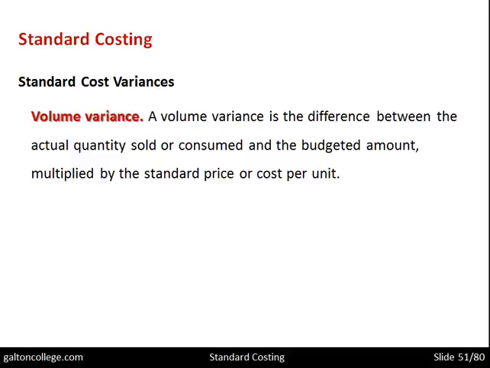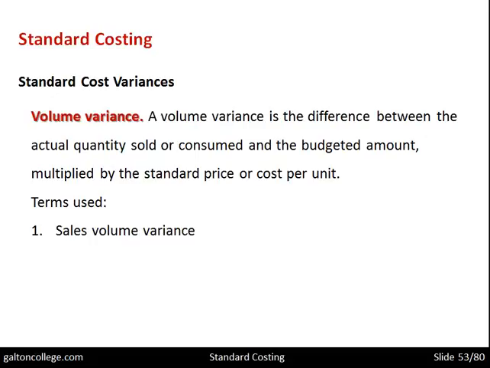Volume variance, well, a volume variance is the difference between the actual quantity sold or consumed and the budgeted amount multiplied by the standard price or cost per unit. So that's the volume variance. We take a standard price or cost per unit and we multiply the difference between the actual quantity sold and the budgeted amount.